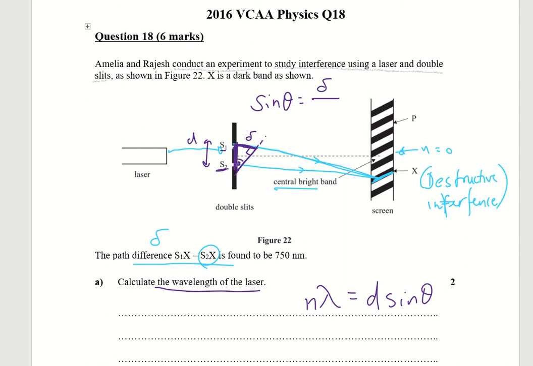The opposite side here is delta, our path difference, divided by d, our slit separation. So the formula I'm dealing with can also say that the path difference will influence whether or not I get a constructive or destructive interference. That's a key point there.